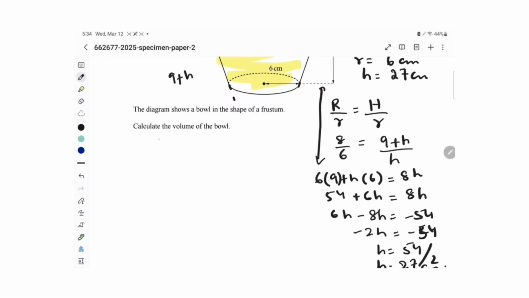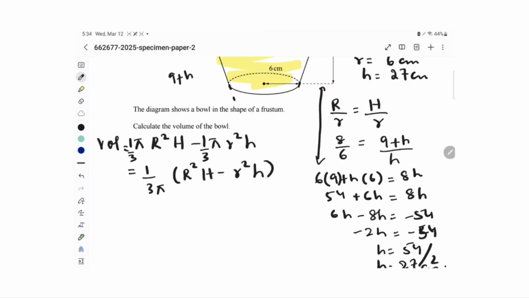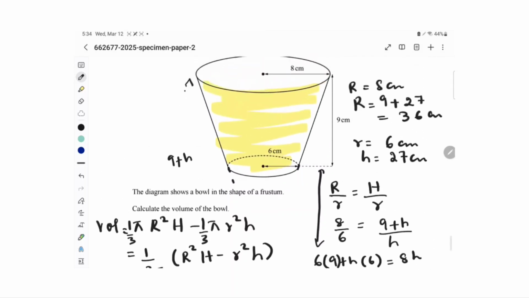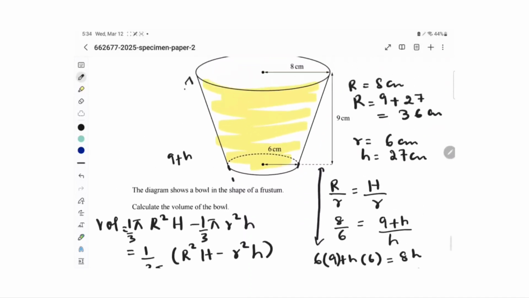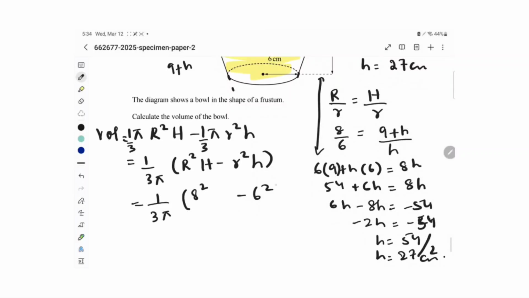You can find them separately also, but it's easier to take common factors. 1 upon 3 pi r square h minus 1 upon 3 pi r square h, because it's a cone. 1 upon 3 pi, and then you can have 8 square and 6 square, and the heights are 36 and 27.